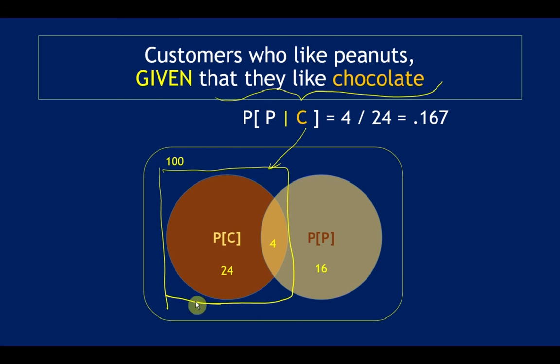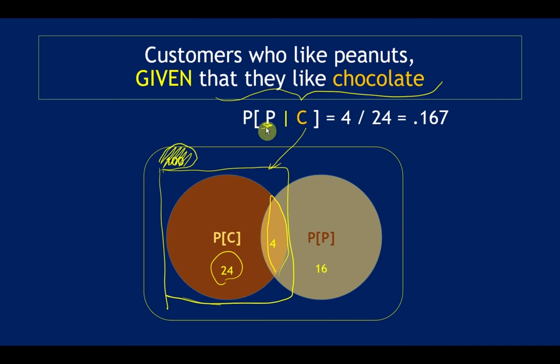Well, in this new sample space, the original sample space is 100, so we're not looking at that anymore. This is going to be our new sample space, which is only 24 customers who like chocolate. So given this new sample space, what's the probability of getting someone who also likes peanuts?